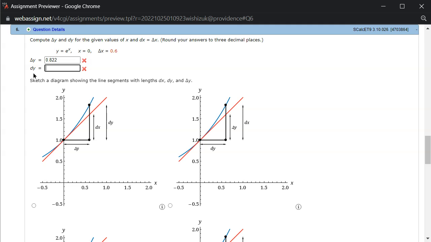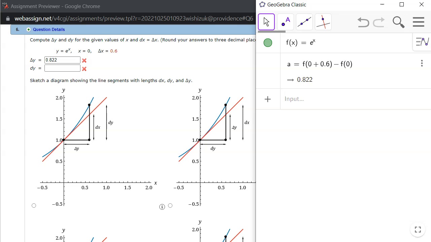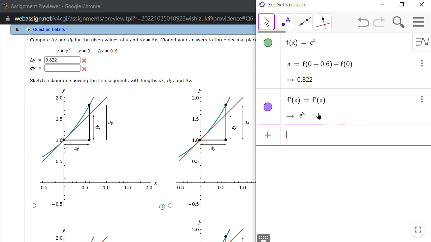Remember, dy is the same thing as the derivative of this times dx. So it's actually e to the x dx. So I'm going to compute the derivative. The derivative f prime of x is exactly the same thing as e to the x, right? So e to the x dx is the same thing as dy.